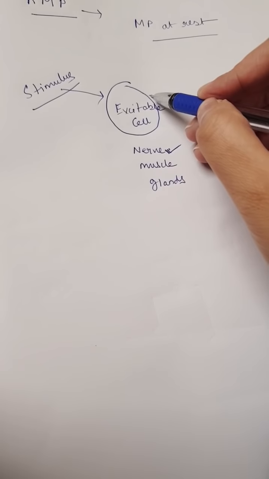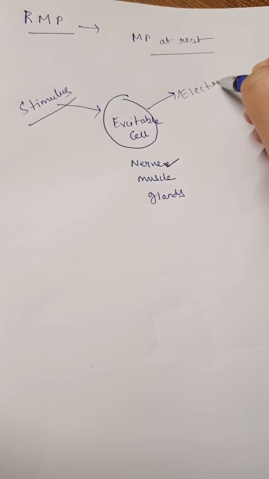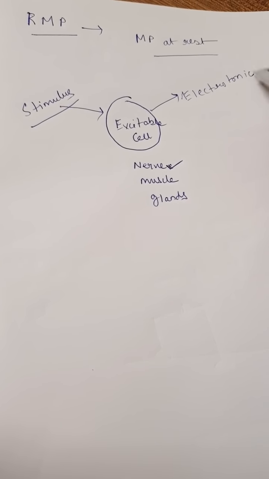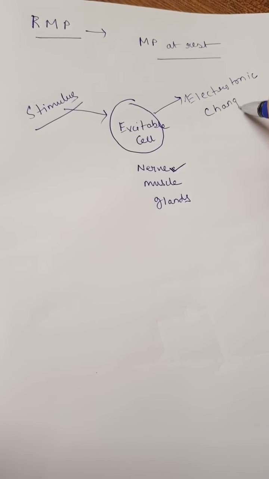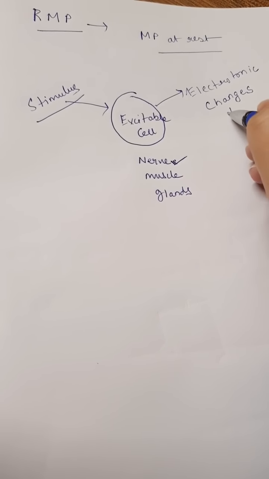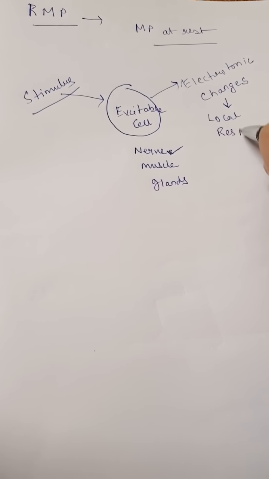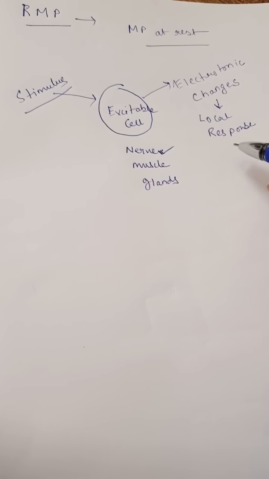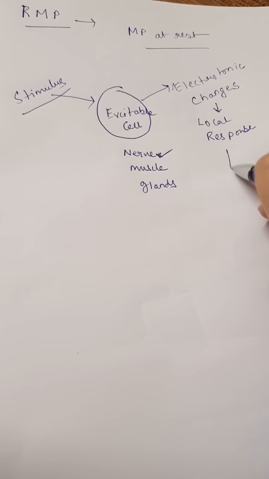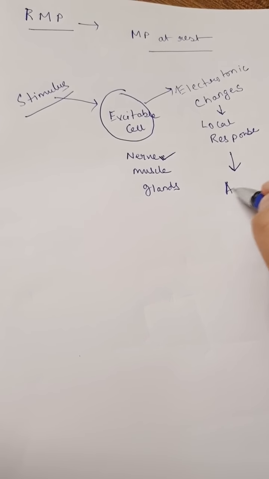So when we give a stimulus, initially what happens? We get electrotonic changes, then this will give rise to local response, and if the stimulus is of enough strength, we will get an action potential.